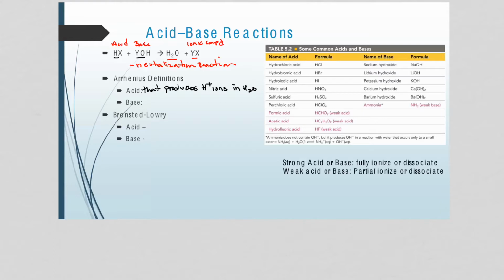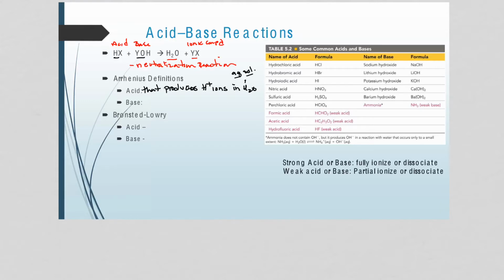Or for these, we could call this an aqueous solution, right? So an acid is a substance that produces H plus ions in water.